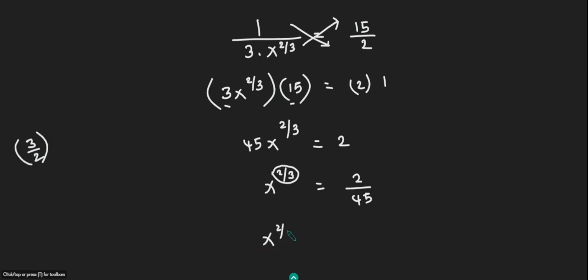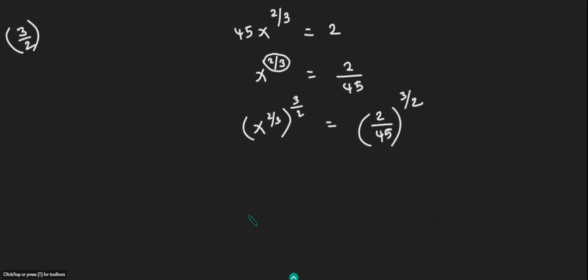We get x^(2/3), once again raised to the power of 3/2, and on this side we should do the same thing, that is (2/45) raised to the power of 3/2. Let's simplify this. On the left side, this 2/3 will get multiplied with 3/2, and it will become 1.